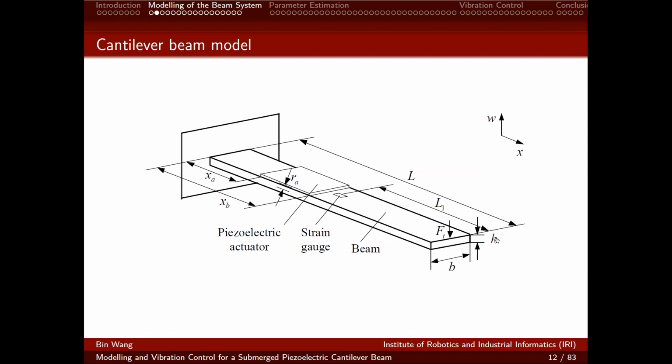This is the same as we have in the experiments. So the beam can be excited, or the vibration can be suppressed, by using the piezoelectric actuator. And the strain gauge works as a sensor to measure the strength of the vibration.